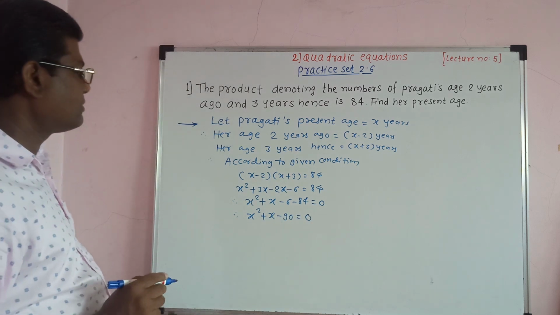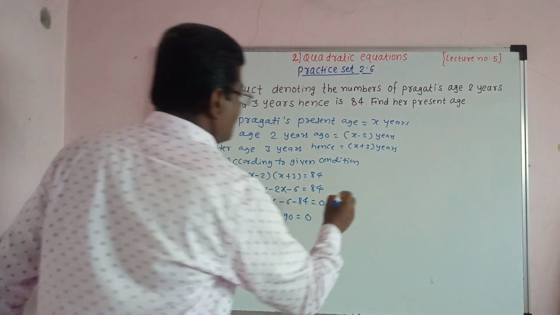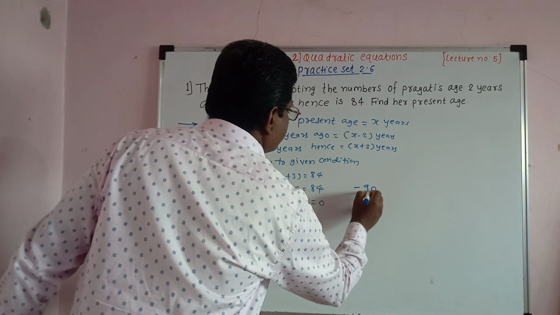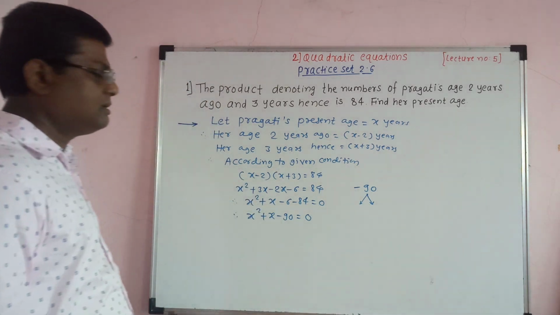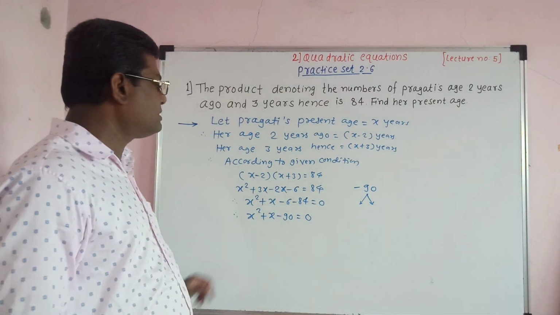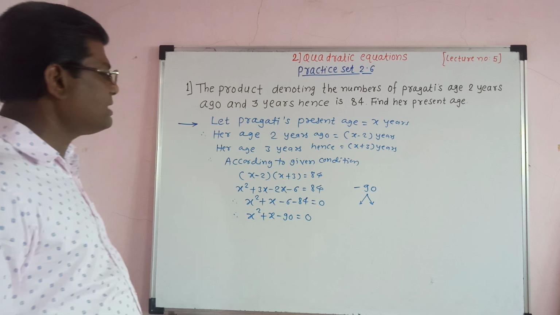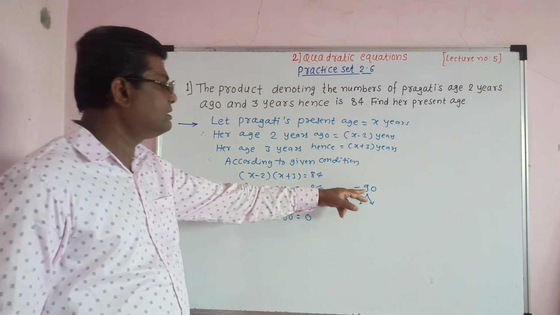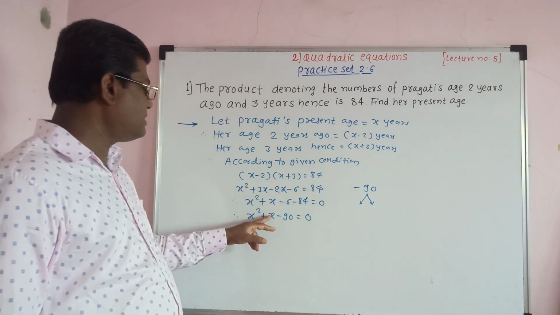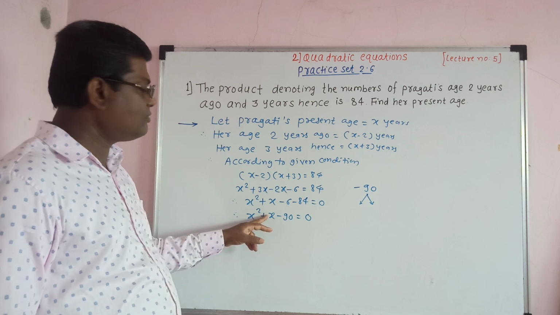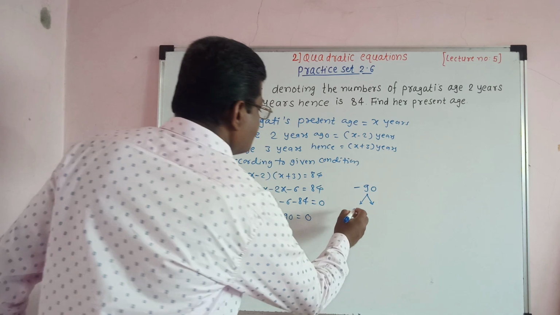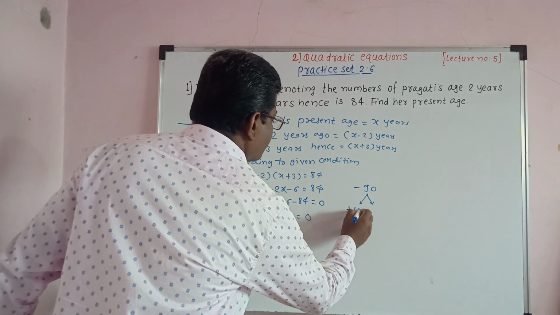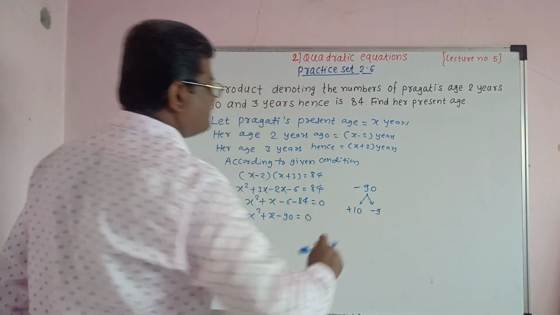This is a quadratic equation. The constant term is minus 90. Split up this minus 90 into two numbers such that their multiplication is minus 90 and sum is plus 1. The coefficient of x is 1, therefore their sum should be plus 1. Such numbers are plus 10 and minus 9.